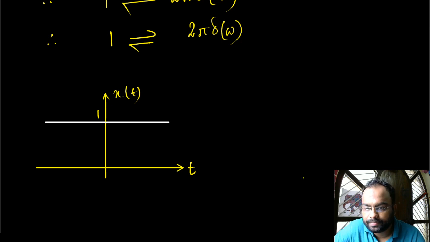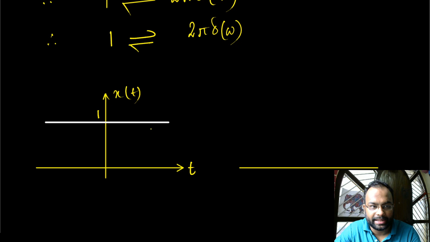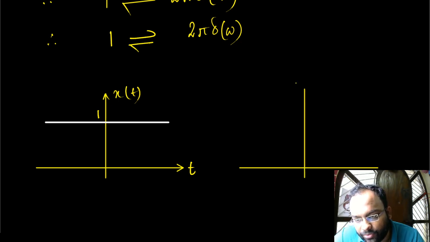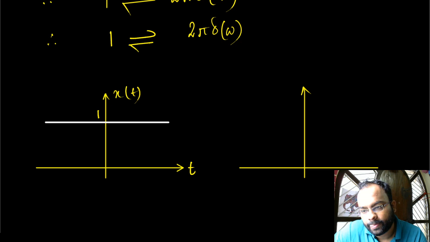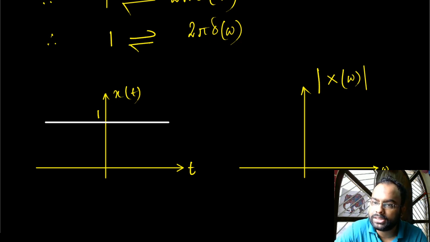This is a DC signal which has been there forever, for example. This is not a causal signal. And this is the frequency response for that, omega, and this is mod x omega. So this is x t, this is x omega. What do I see? I see an impulse.